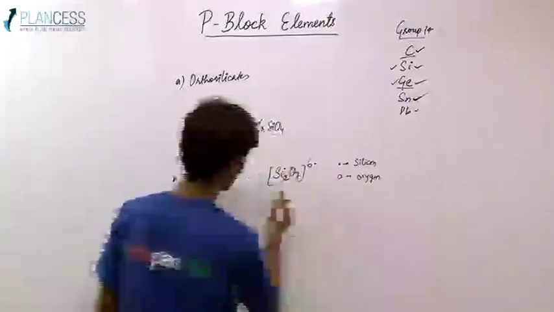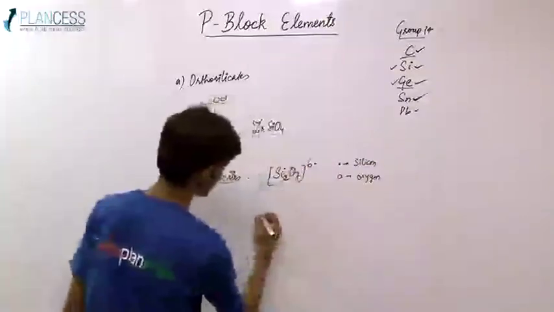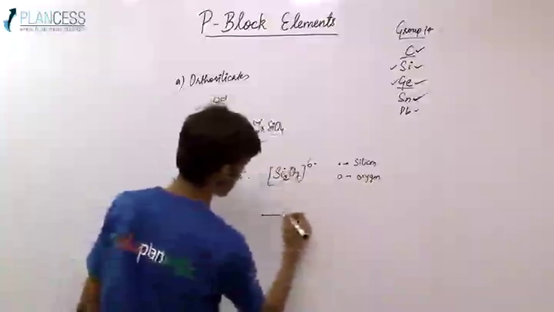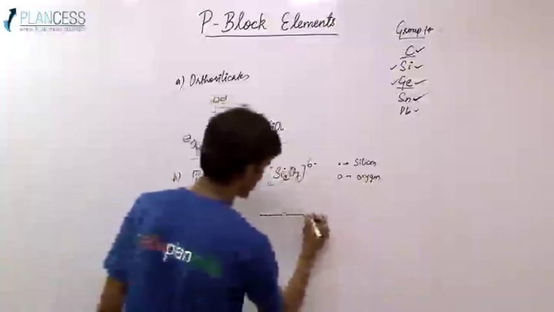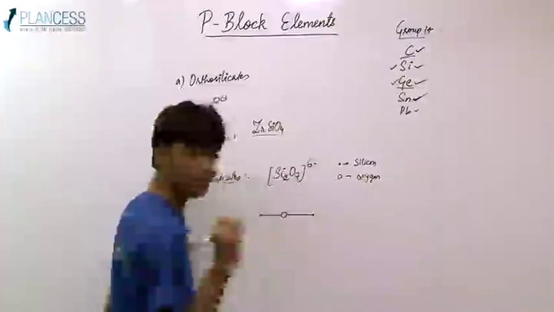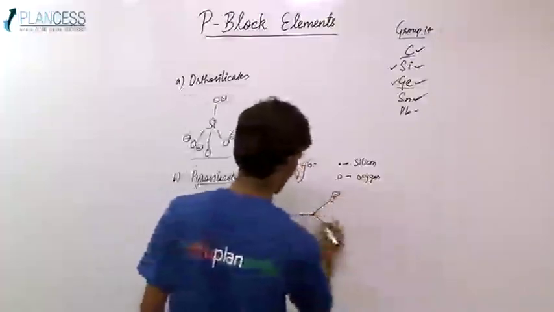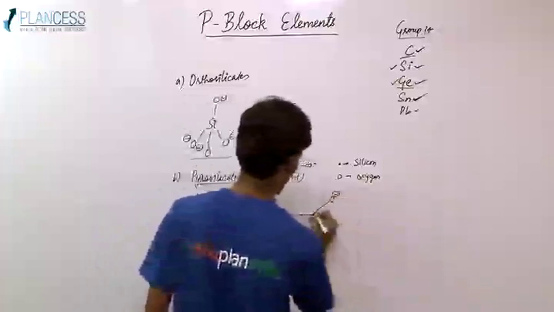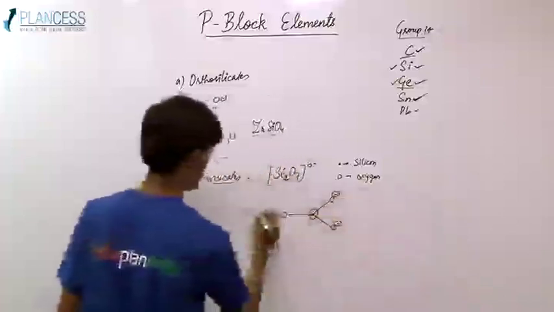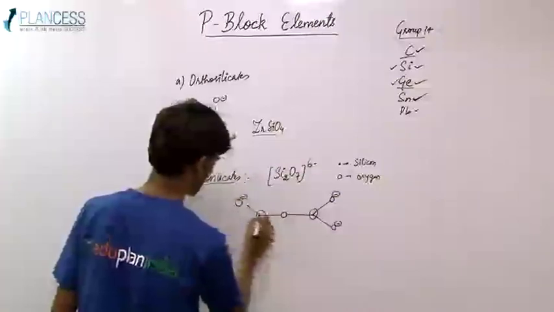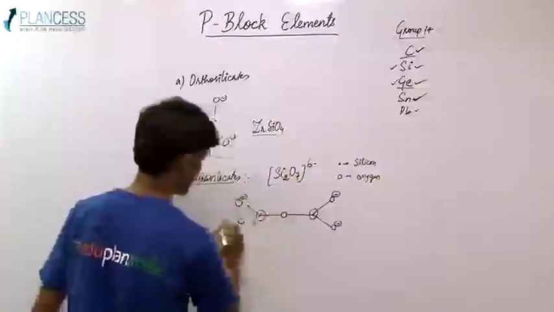So the structure of Si2O7 will be something like that: Si is here, oxygen, and this oxygen is shared. It is shared by both, and it has O minus. Here is another oxygen, here another oxygen, O minus, O minus.